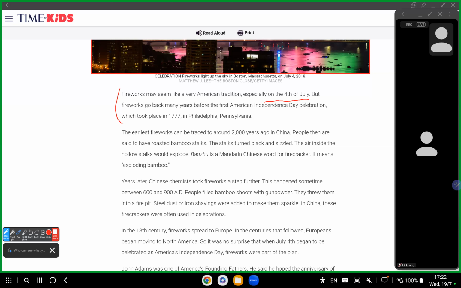And as well, they've given a fact: years before the first American Independence Day celebration, which took place 1777, Philadelphia, Pennsylvania. So there's just a little bit of evidence in that first paragraph.